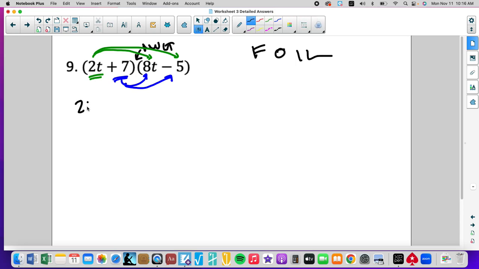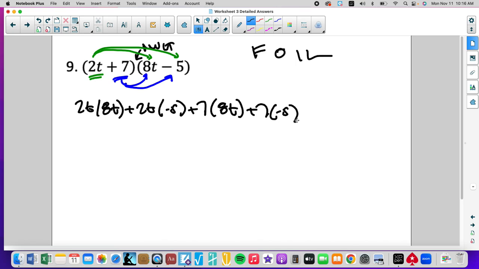So that's how I like to demonstrate it. So we have 2t times 8t plus 2t times negative 5. And now we're going to distribute the 7 into both of those terms, and 7 into that. So 16t squared, coefficients, 2 times 8 is 16, t times t is t squared, negative 10t plus 56t minus 35.